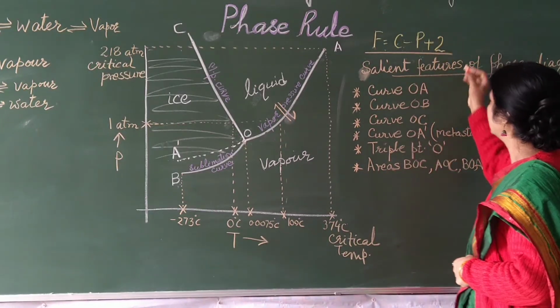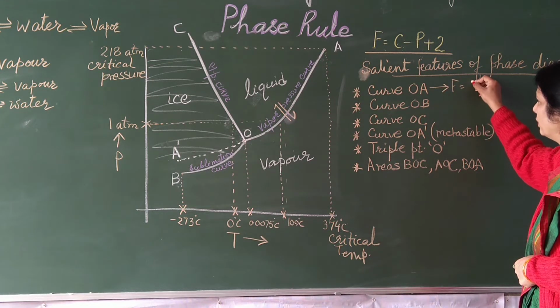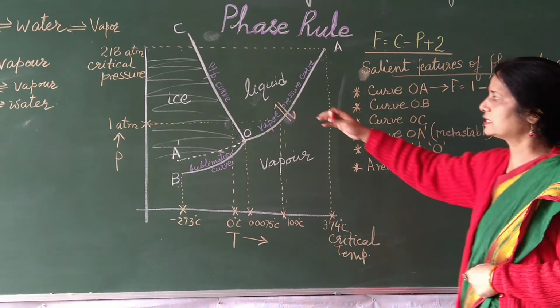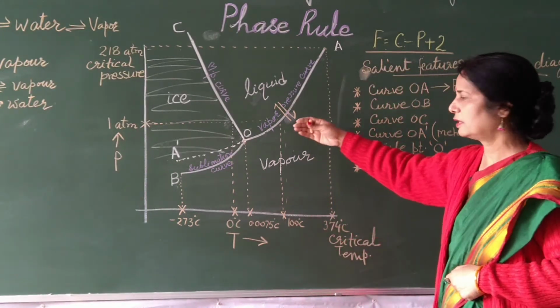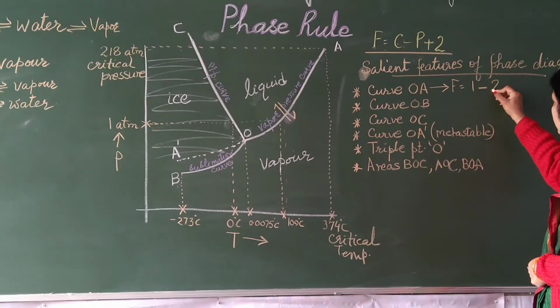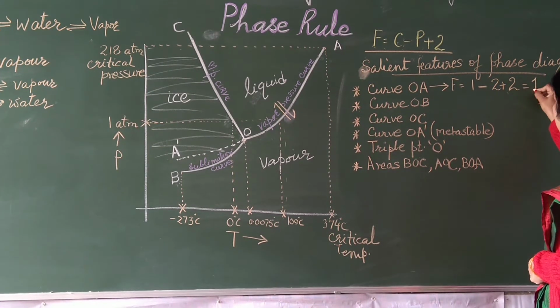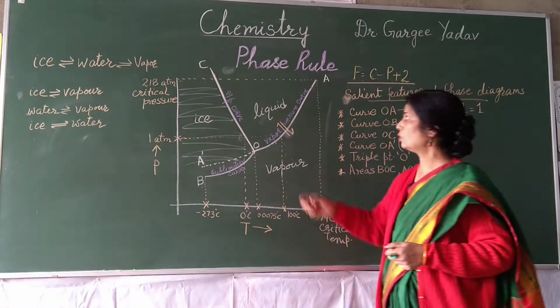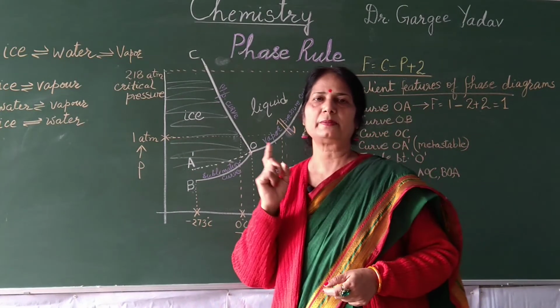Minus, how many phases are in equilibrium with each other? Two phases. Which two phases? The vapor phase and the liquid phase. So it will be 2, plus 2, and this comes out to be 1. This means that the system is monovariant along the curve OA, or the degree of freedom is 1.